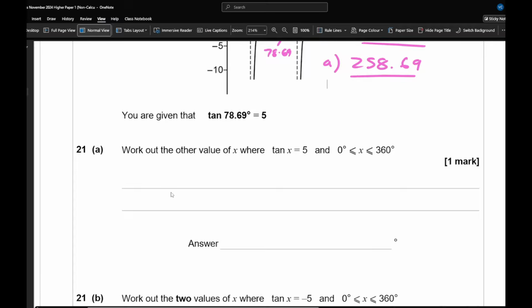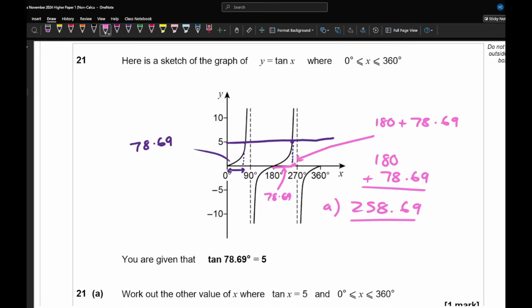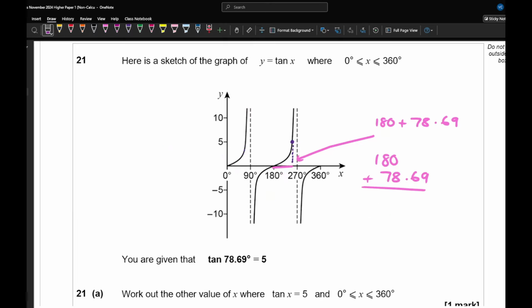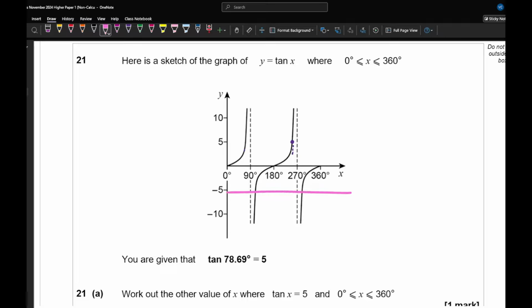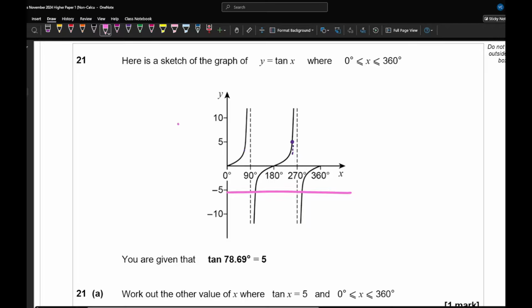For part B, it then says work out the two values for where tan x equals minus 5. So if I get rid of all of this working out, because I'm going to need to use the sketch of the graph again, if I draw a line of y equals minus 5, that's looking at this region here. Now, the distance from 0 to the point of interest is 78.69, and this distance here is also 78.69.